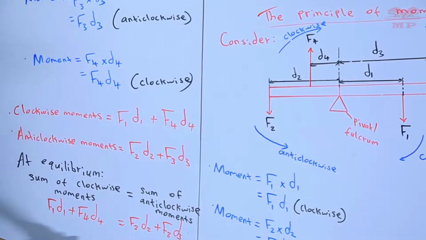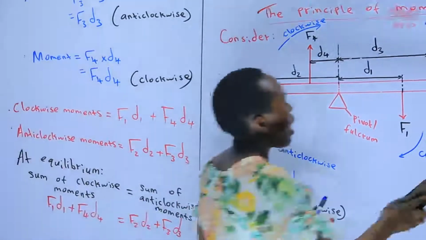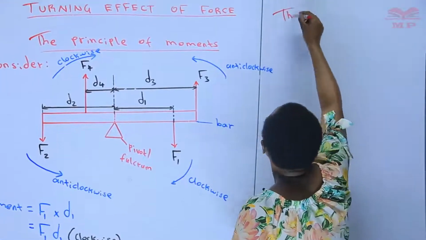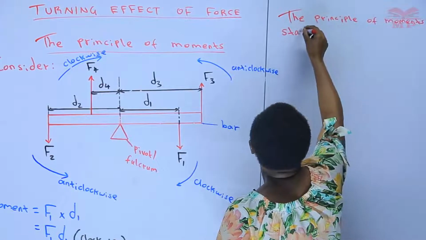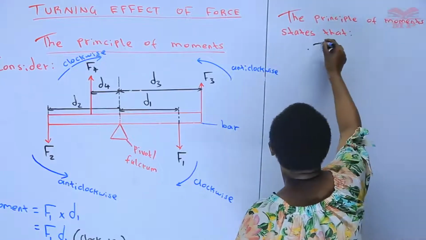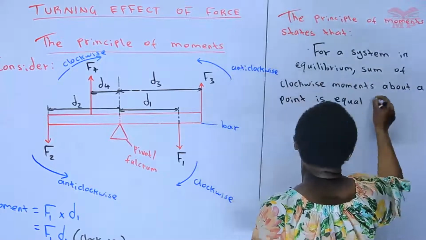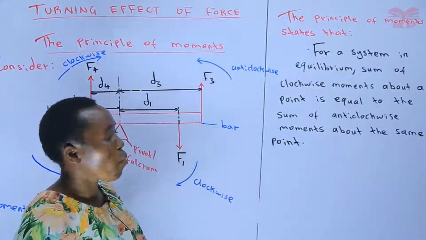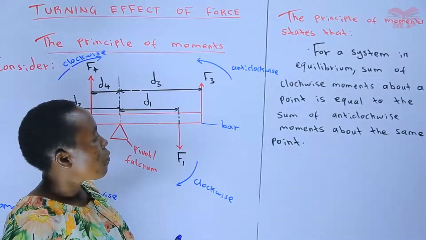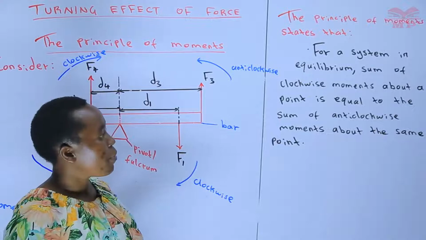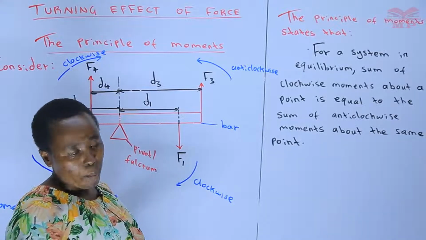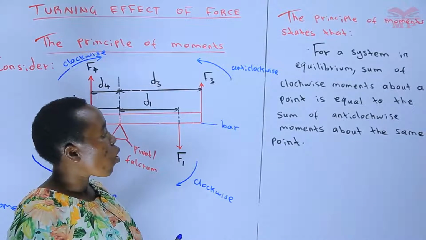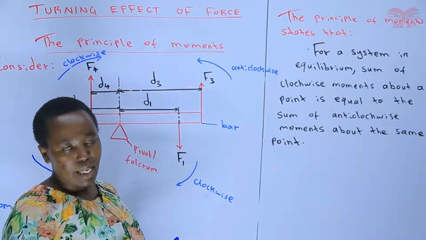And therefore we can state the principle of moments as follows. The principle of moments states that for a system in equilibrium, the sum of clockwise moments about a point is equal to the sum of anti-clockwise moments about the same point.